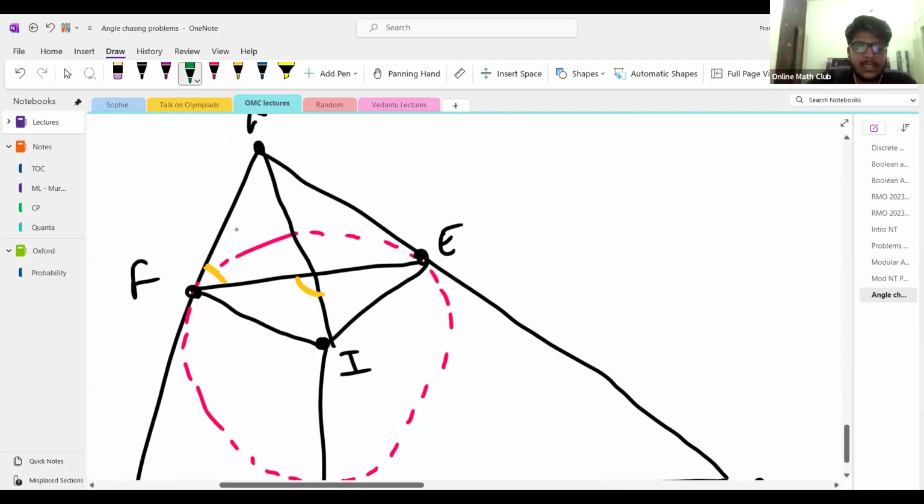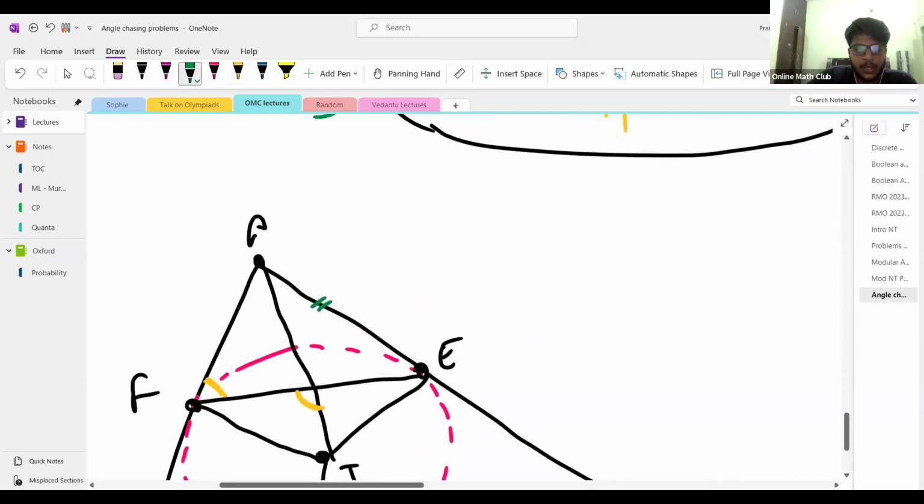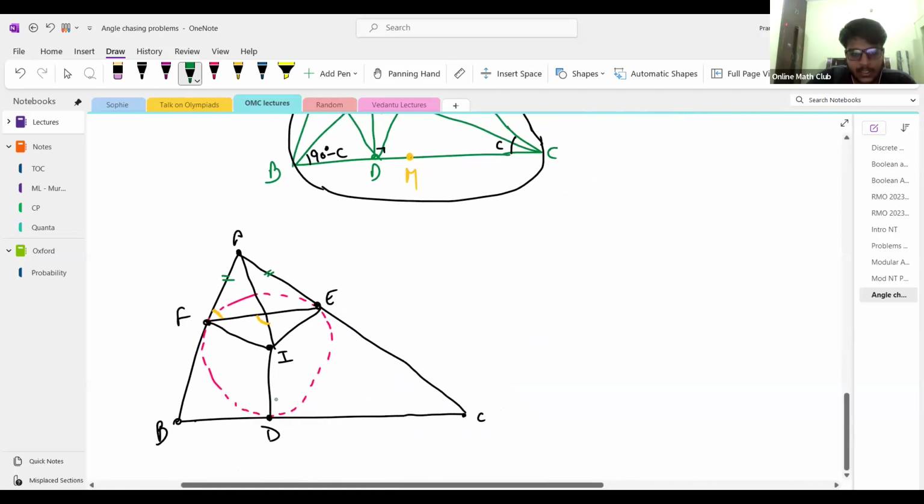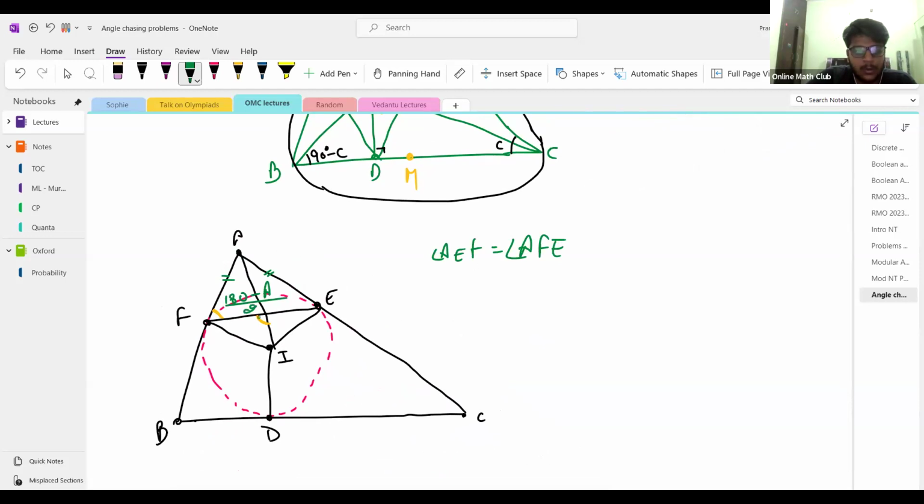Okay, just to tell people how it is. We know that AE equals AF in the incenter configuration because these two are tangents to the incircle. So angle AEF equals angle AFE. And so now you just use the angle sum property and this will be 180 minus A by 2. Can you find the other yellow angle as well?